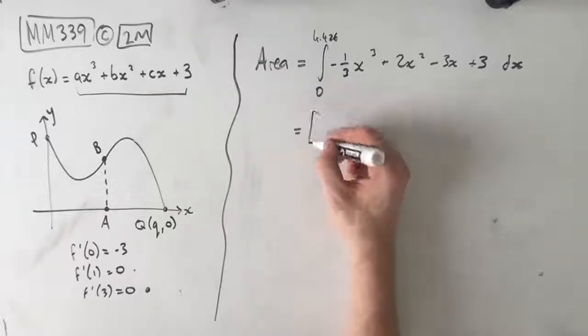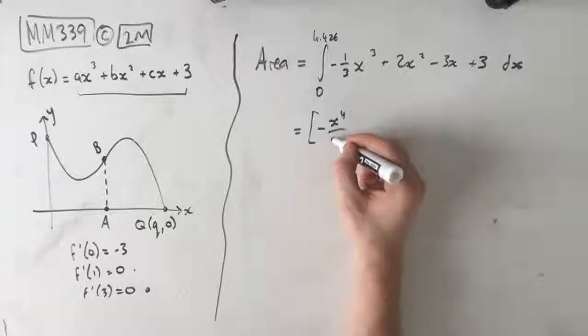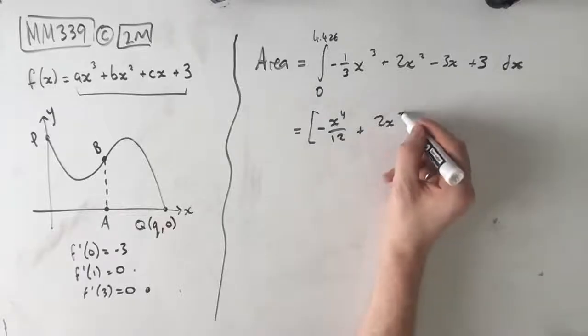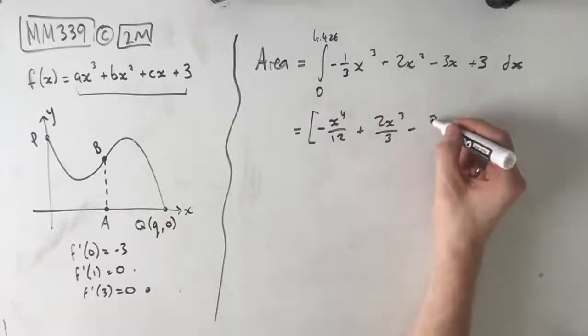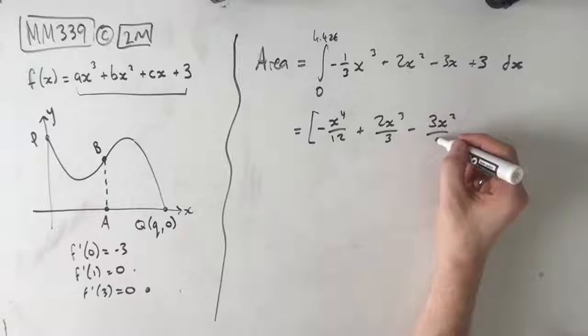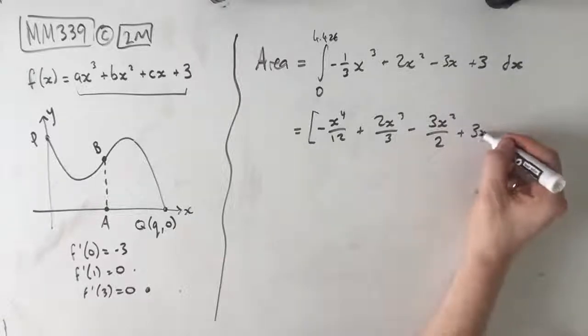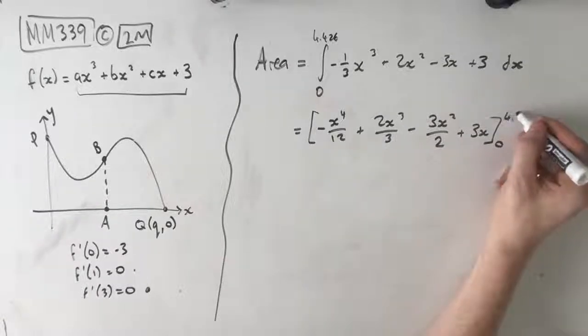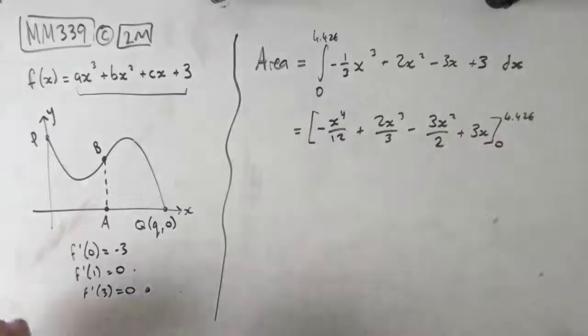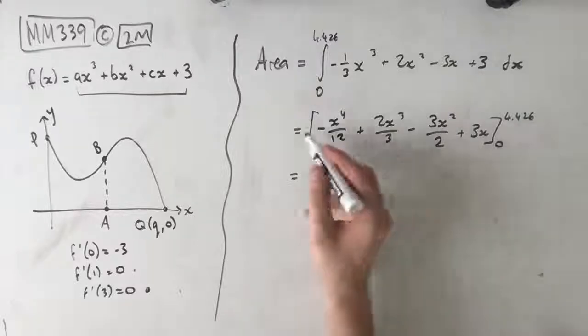So now we can just evaluate this as normal. And what we end up with is the integral, which is negative x to the power of 4 over 12 plus 2x cubed over 3 minus 3x squared over 2 plus 3x from 0 to 4.426. Awesome. So then we can evaluate that and sub in our values.